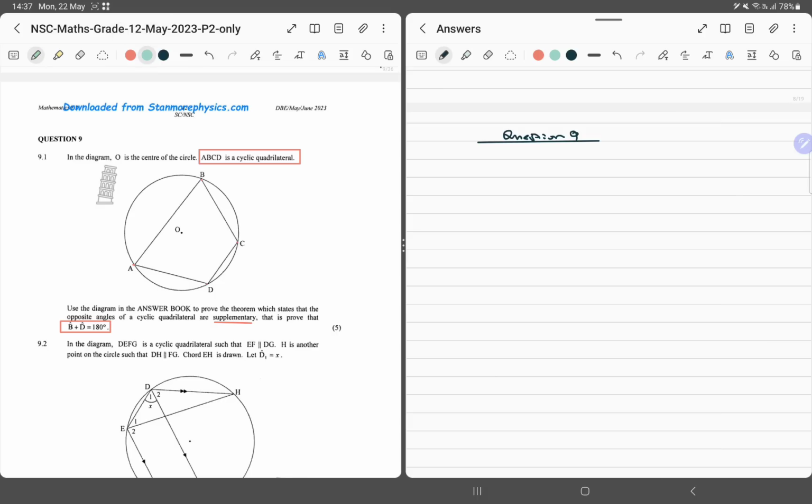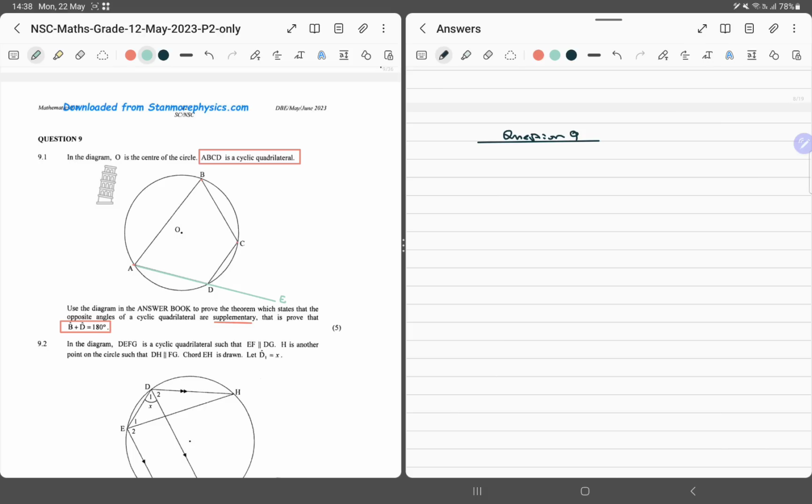Because I'm adding B and D, let's just try and extend AD. This is ABCD, and we are extending it to E. So my construction is to do that.